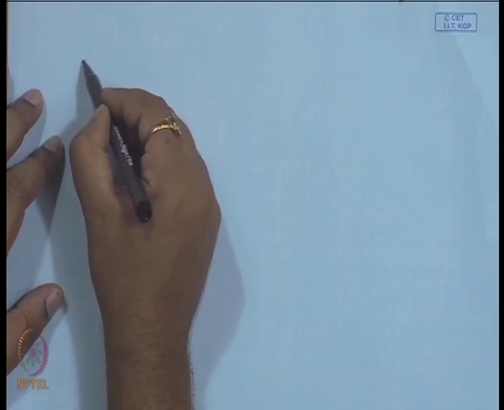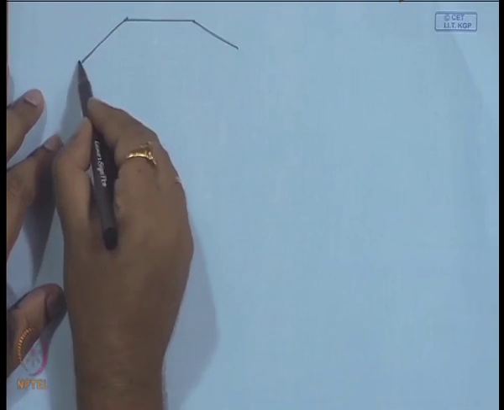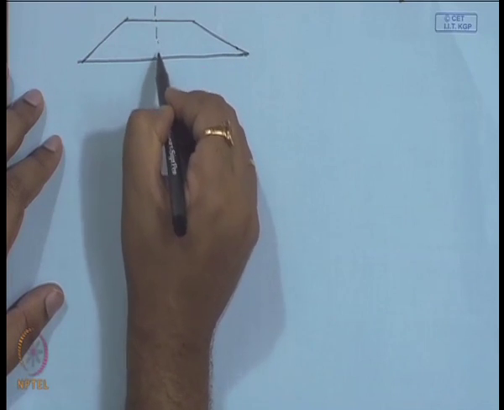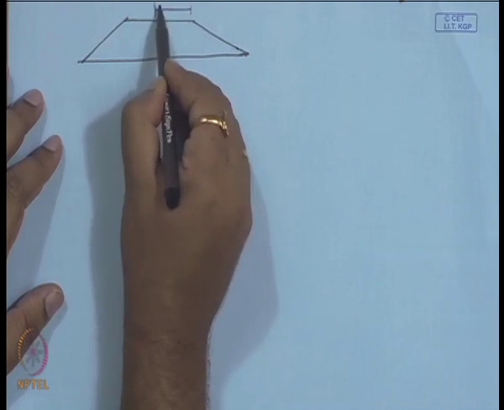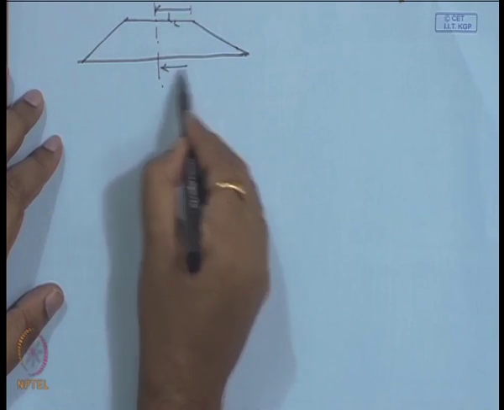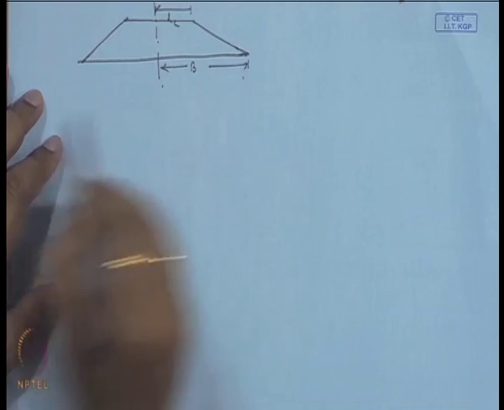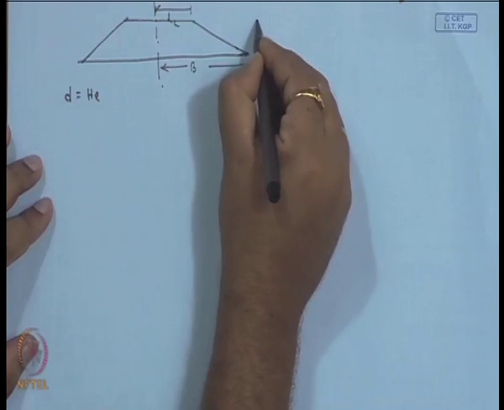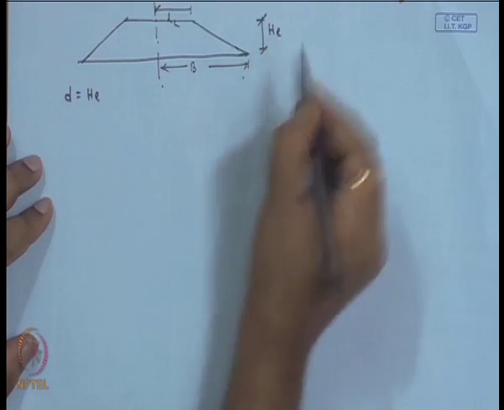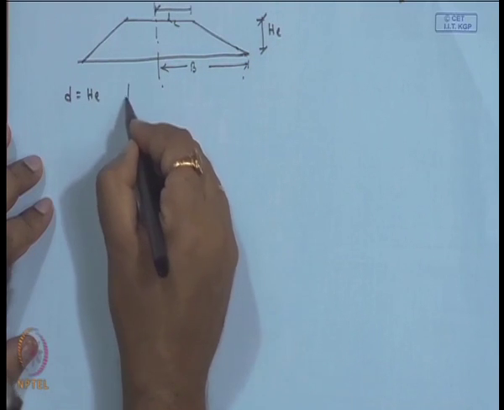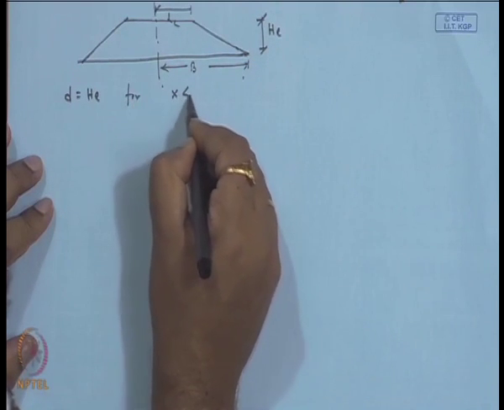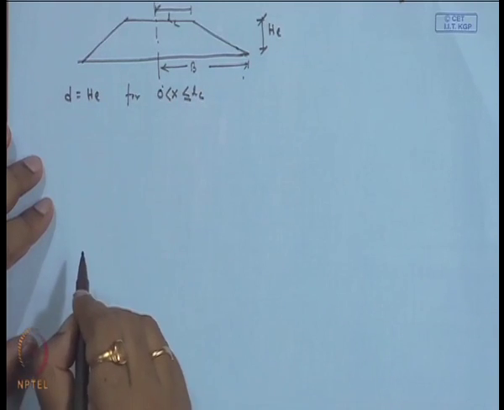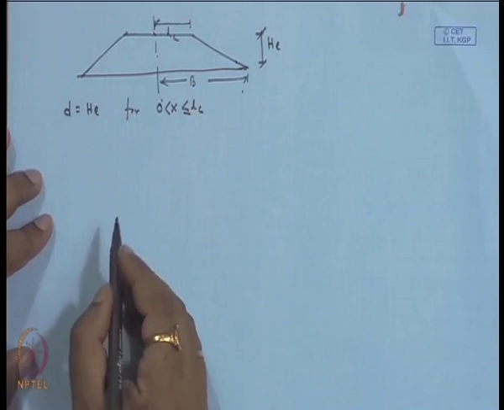So now, if it is L C, we can write d is equal to H E, the height of the embankment, for x less than or equal to L C and greater than 0, because this is 0.